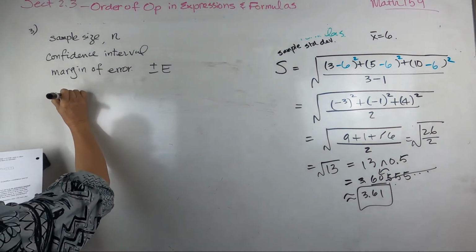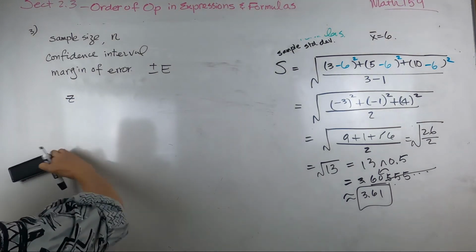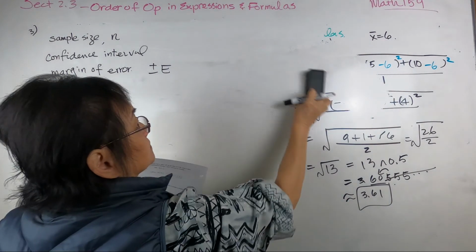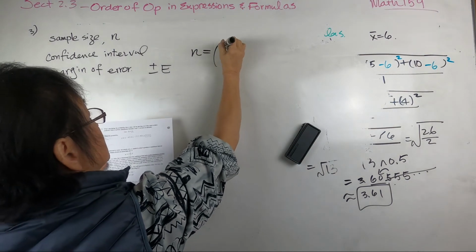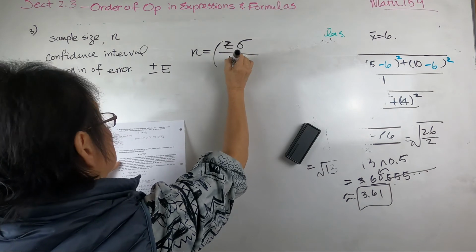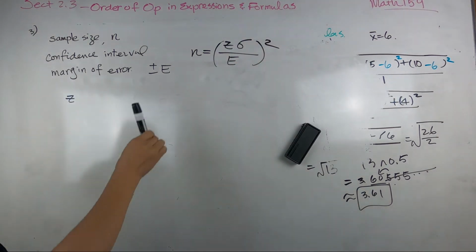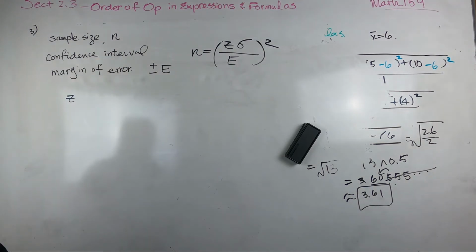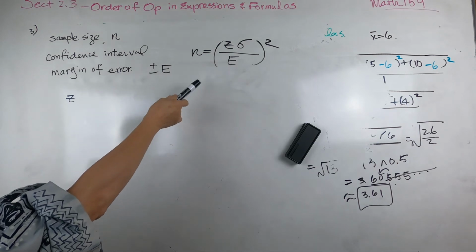Then we also talk about z. So you have a formula: n equals z sigma over e, squared. Okay, we'll give you that. But you know n is the sample size. Then there is no confidence interval yet, right?